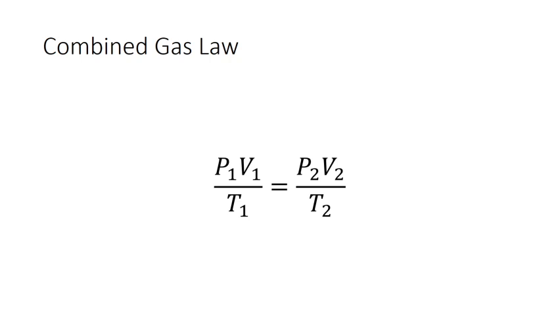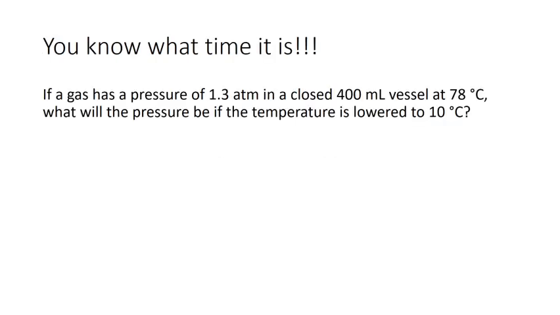So as long as we begin and end with the same number of moles, we can change the other conditions and see what the resulting pressure, volume, or temperature will be.